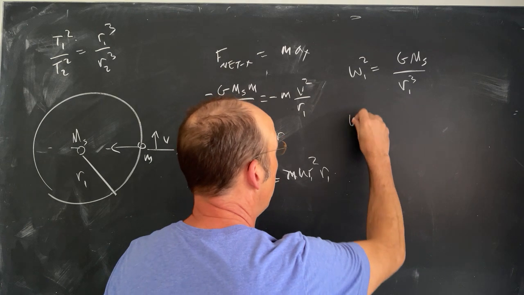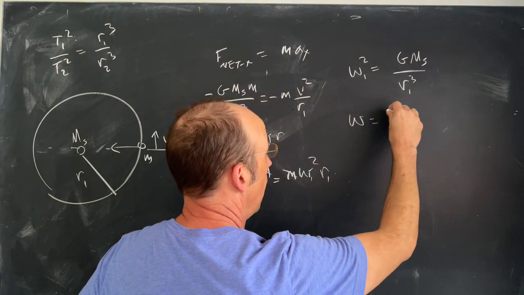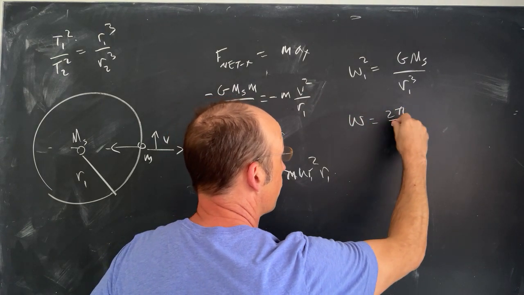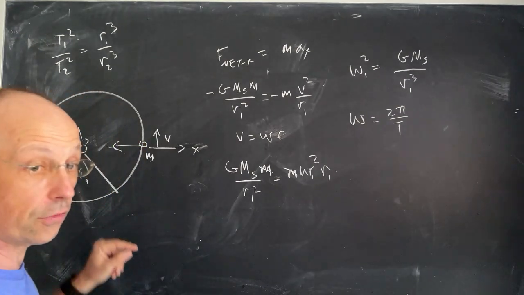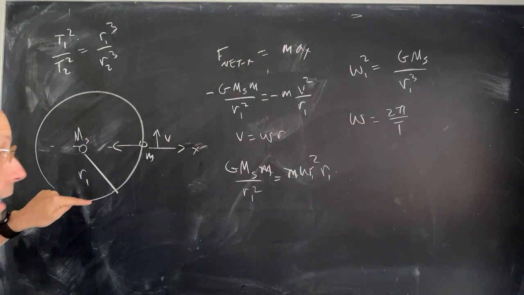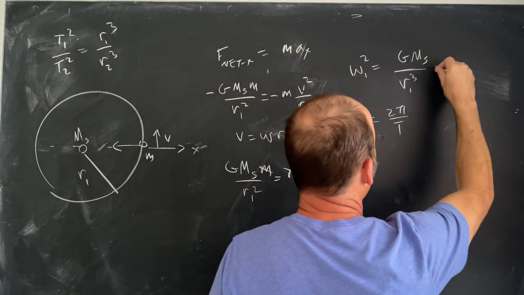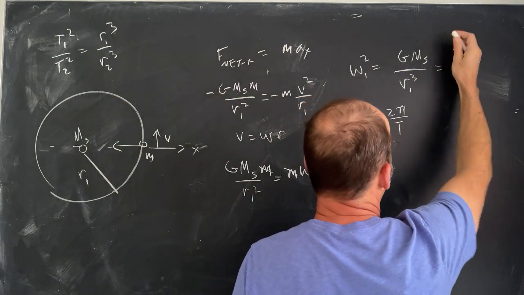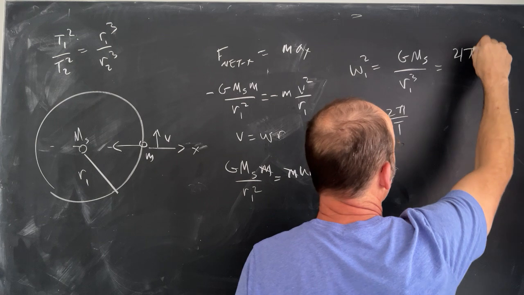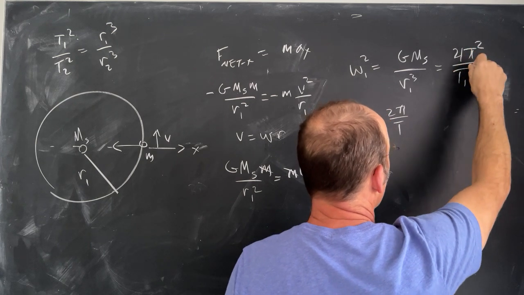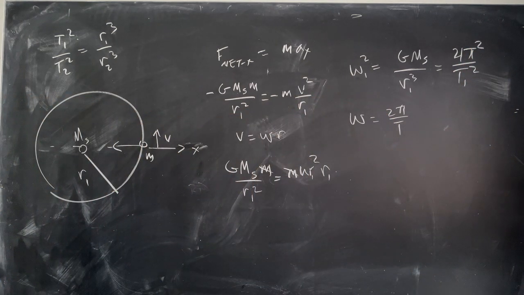So omega is equal to 2 pi over T, right? Because the angular velocity is the angle, which is 2 pi radians, divided by the time, which is the period. So I could replace this with 4 pi squared over T1 squared. And you can see we're getting somewhere right now.